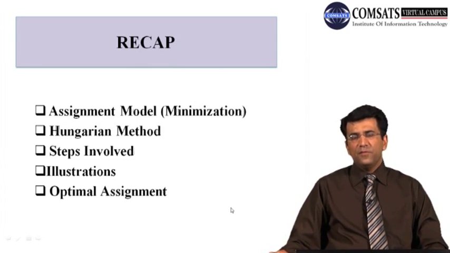In the next step, we use a method which is known as ticking. First of all, we tick the unassigned row, and if this ticked row has a zero, we tick the corresponding column, and if this ticked column has an assignment, we again tick the corresponding row.